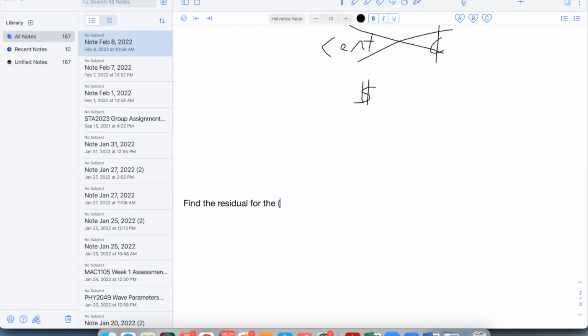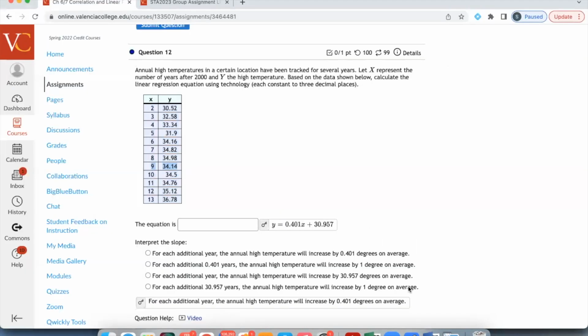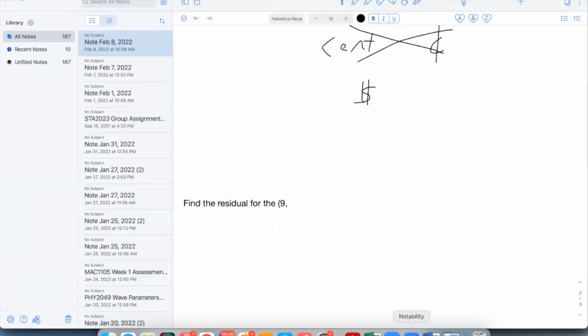The point, what was it, 9, 34.14. Okay, so residual is always the actual minus the predicted.